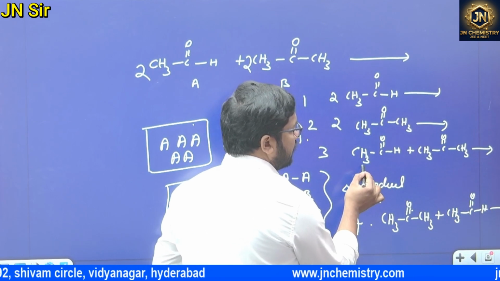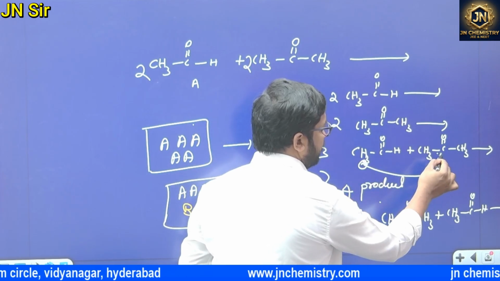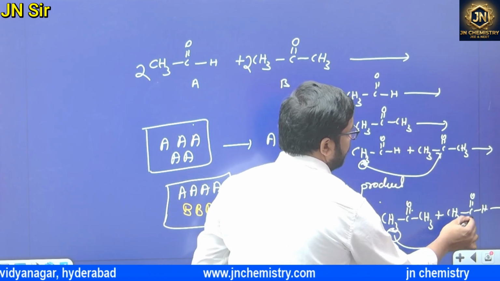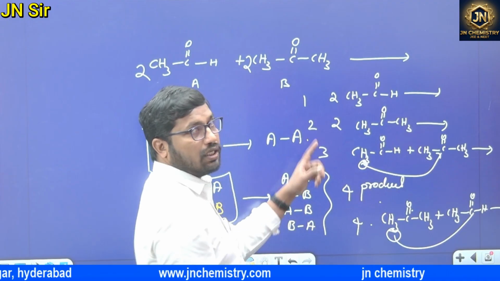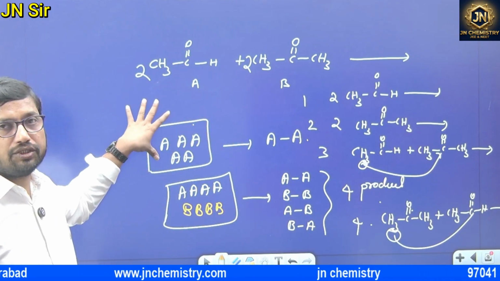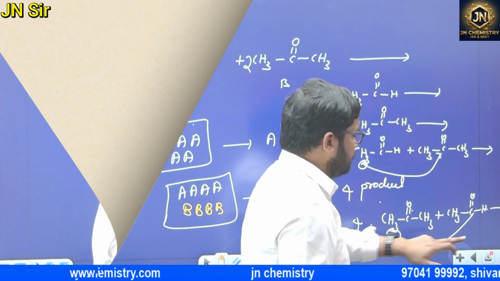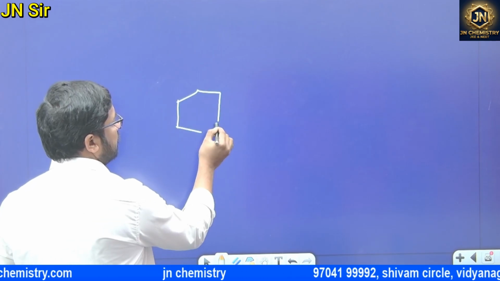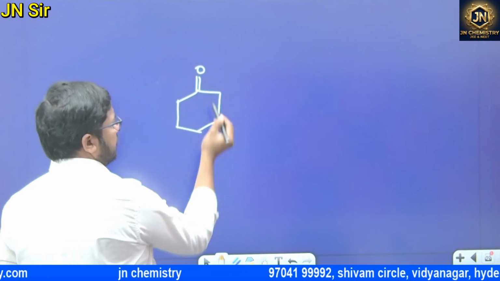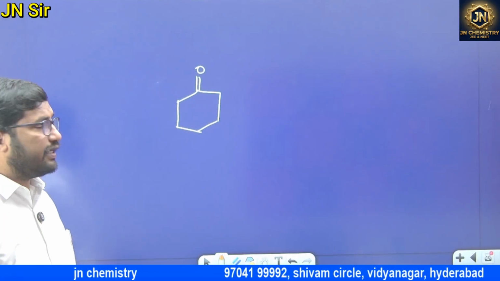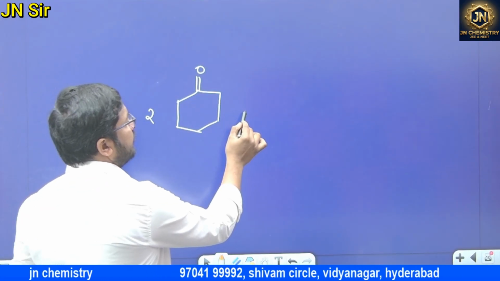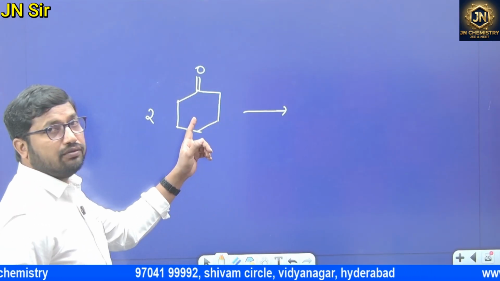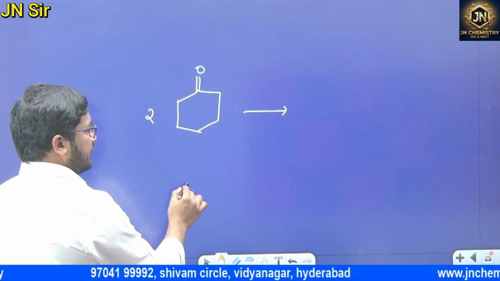So imagine you are removing the alpha hydrogen and attacking over here. Here also remove the alpha hydrogen, attacking over here. The 2 molecules we already did. This is a crossed one. And sometimes they give ring-type compounds. In NEET and JEE Mains, they ask this type of question very frequently. Simply, if you know the mechanism, it is very easy.